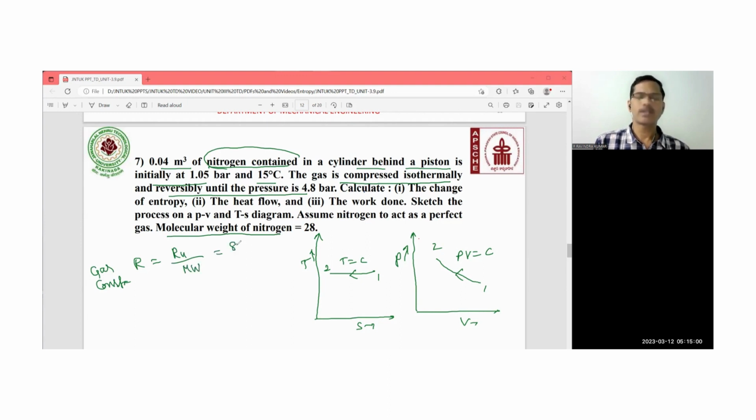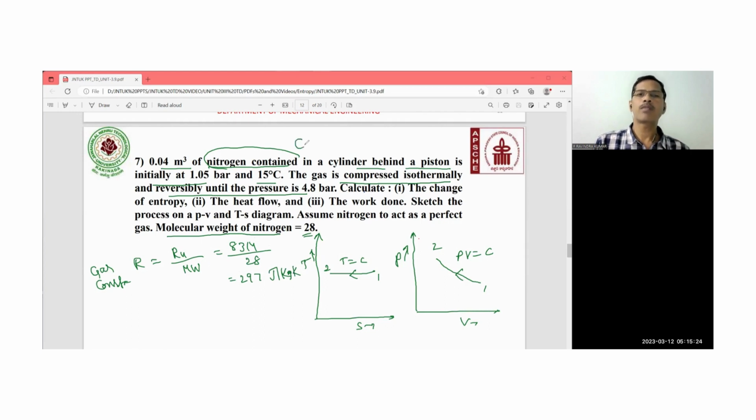The universal gas constant is 8314, a standard value, divided by the molecular weight 28. So you will get this value as 297 joule per kg Kelvin.